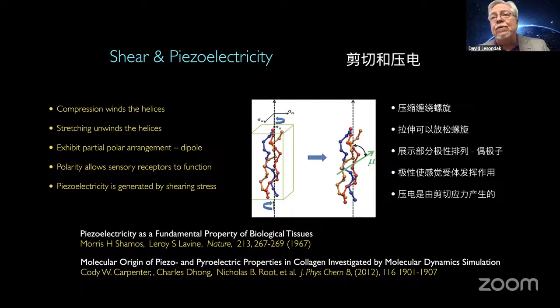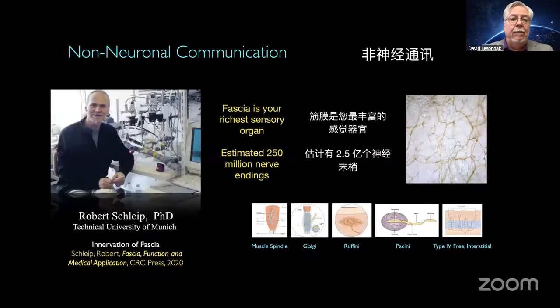And the piezoelectricity is also generated by the shearing stress, like I talked about earlier, in the sliding layers, and what excites the fasciocytes to produce more hyaluronan. And it's that polarity, that negative and positive, just like on your batteries, one end and the other end, that allows these sensory receptors to fire and give our central nervous system information from the outside world.